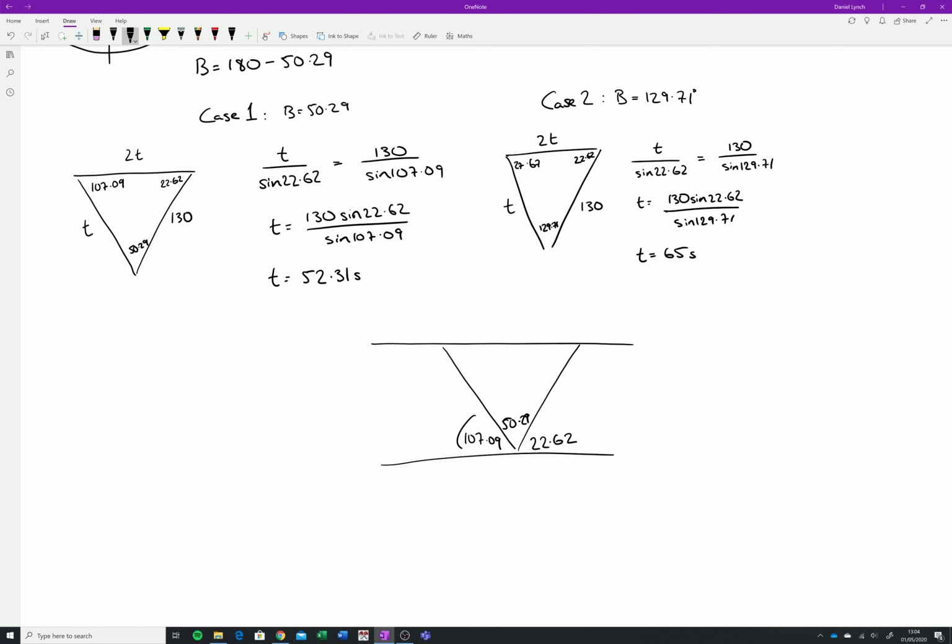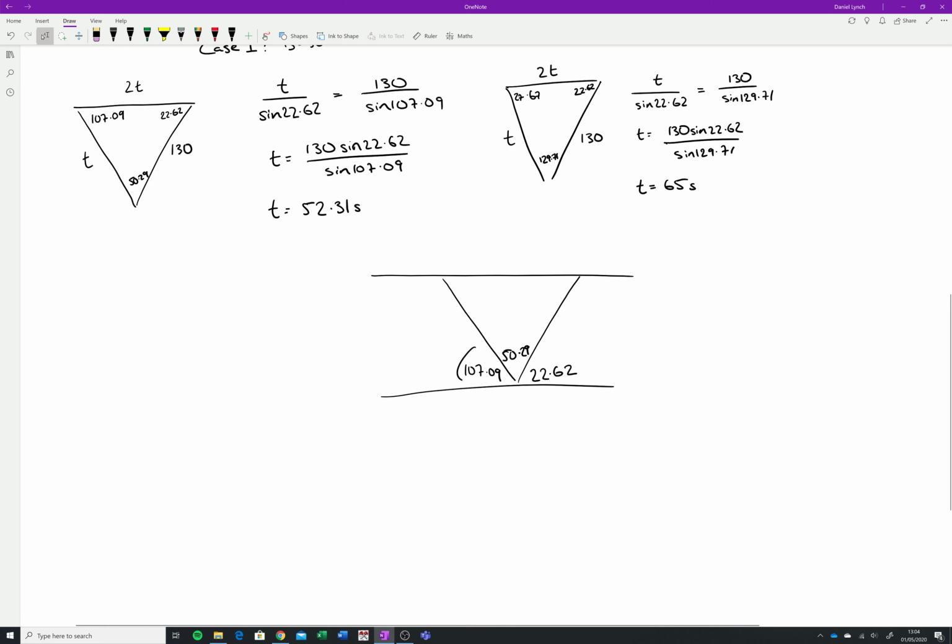So forget what I was saying there about direction. It was worthwhile actually doing this. So the direction in which they should head is going to be west 107.09 degrees north, based on standing at that particular point.